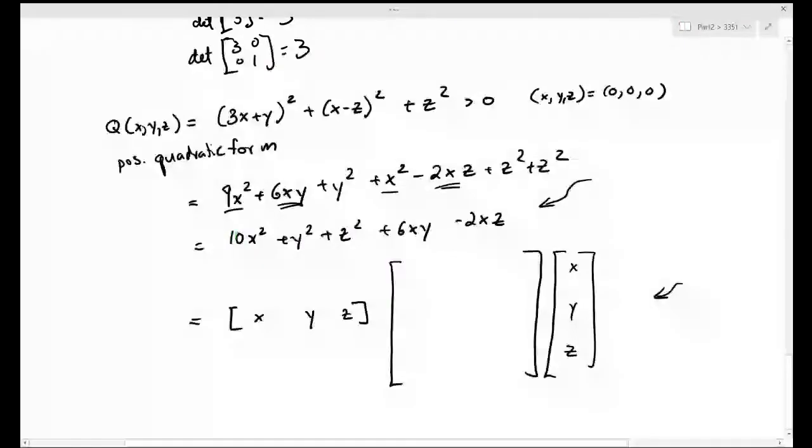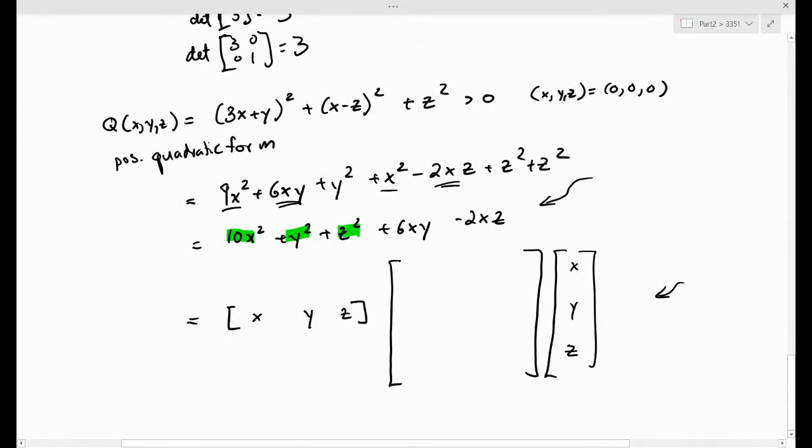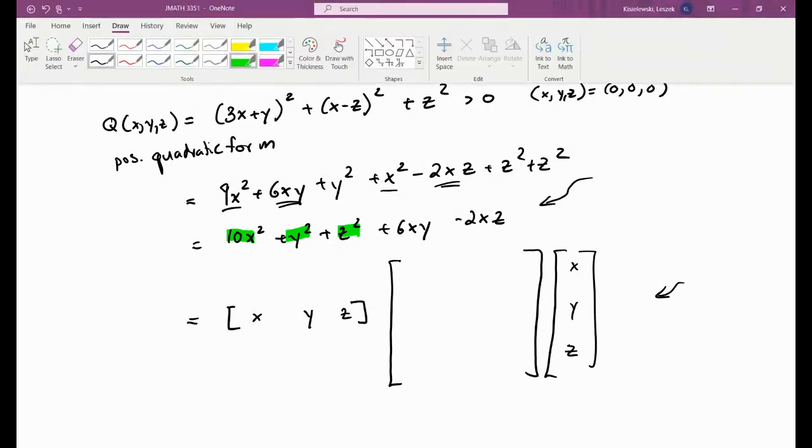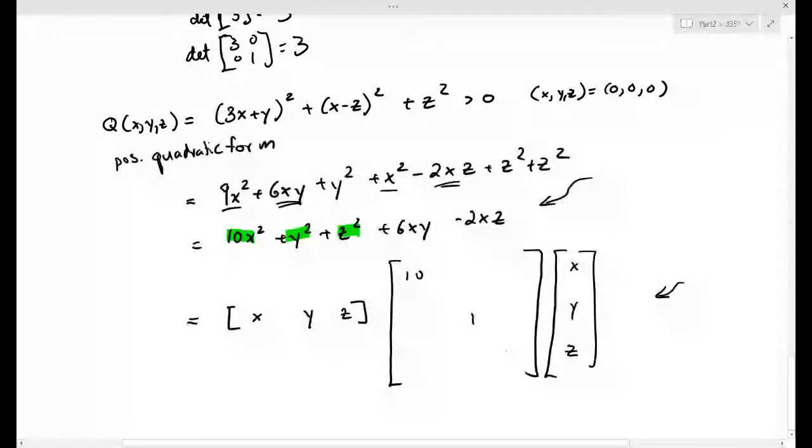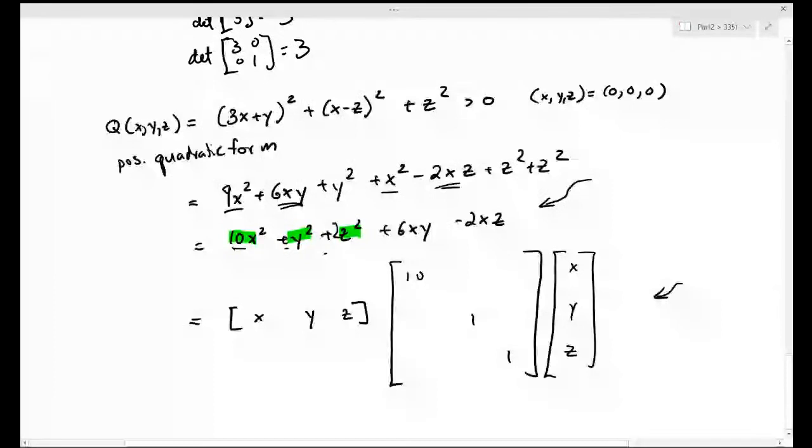If you have the purely x squared, y squared, z squared terms, the coefficients for those are the numbers that would actually go in the diagonal. So yeah, so 10, 1, 1, 2z squared. Oh, that's very good. You're right.